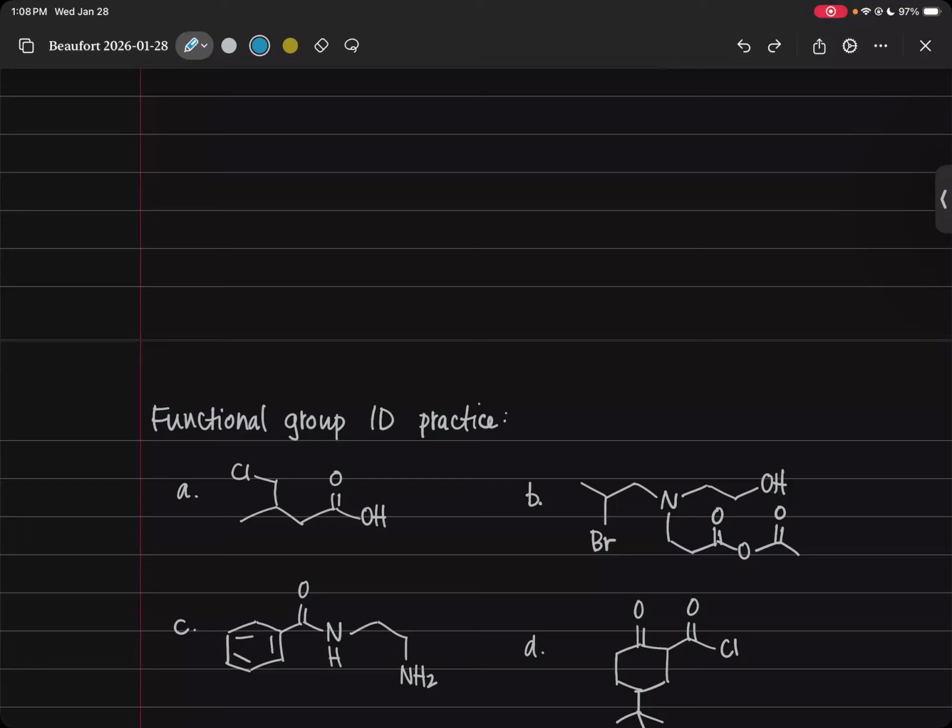And then we have another nitrogen down here that's only attached to 1 thing. So that's a primary amine. Well, it's got 3 bonds: 1 bond to a carbon and 2 bonds to 2 different hydrogens. But for the primary, secondary, tertiary business, we're only concerned with how many carbon-based things it's attached to.